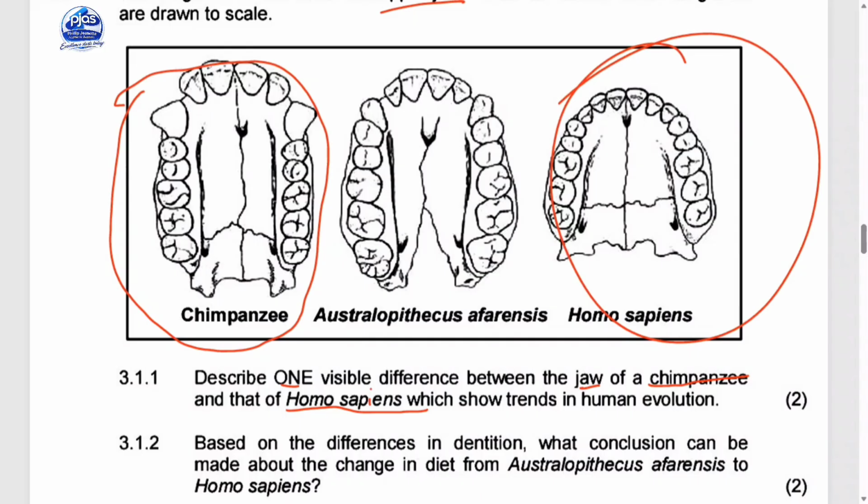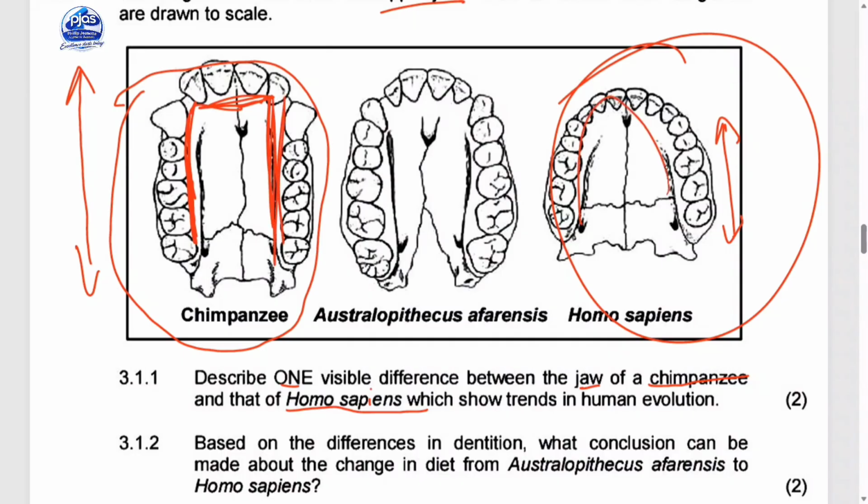Check the size now. We have a larger jaw here. The jaw is large in chimpanzee, and the jaw is small in Homo sapiens. Also, check the shape.